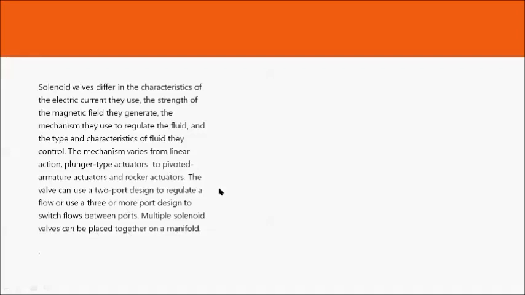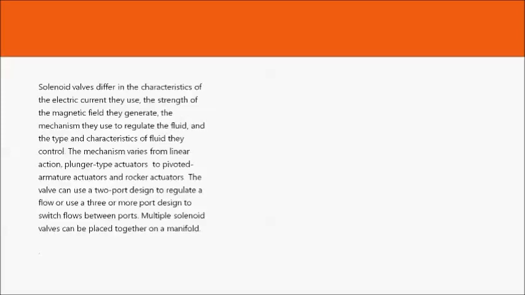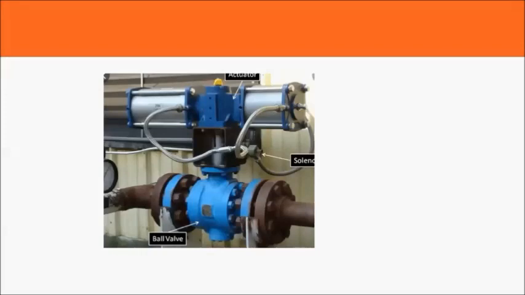Okay, next. Another use of a solenoid valve: they are most frequently used as control elements. As I said before, we are using control valve solenoid to control fluids, or we can also control the flow. Their tasks are to shut off, release, close. For example, in this figure, since we open the valve, it will release water.